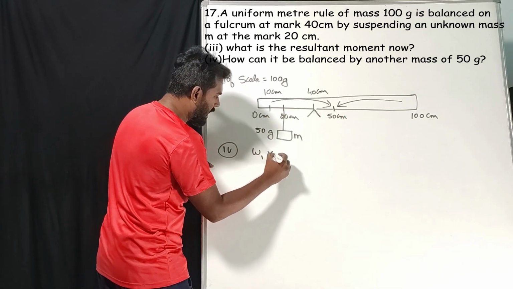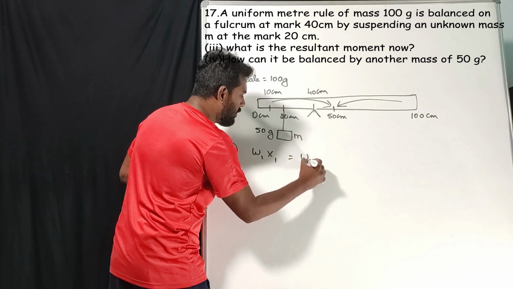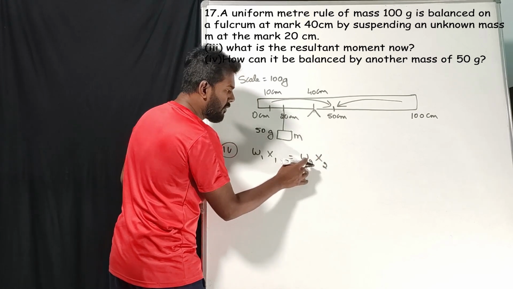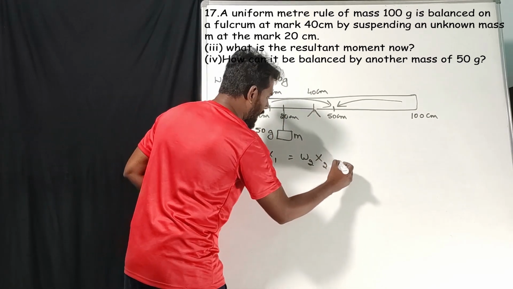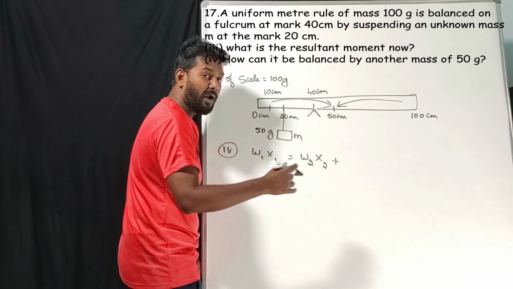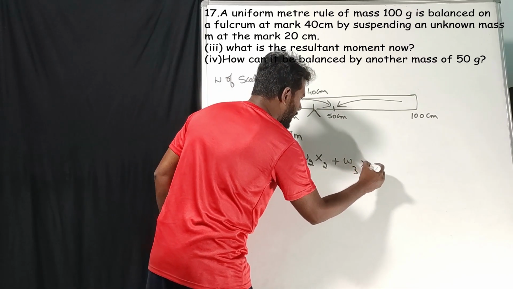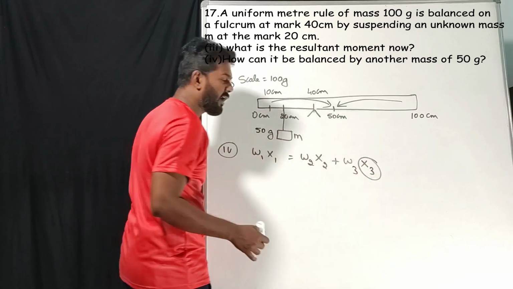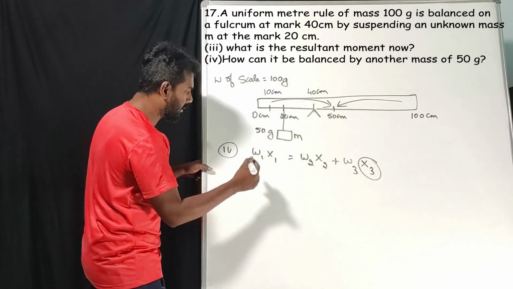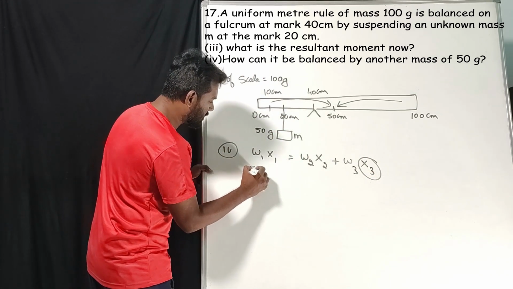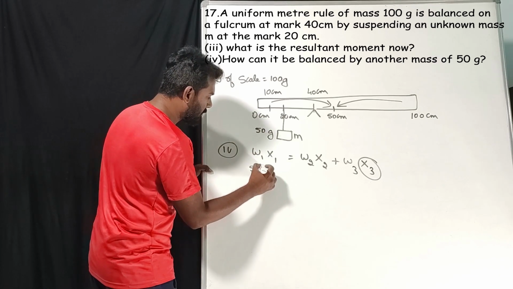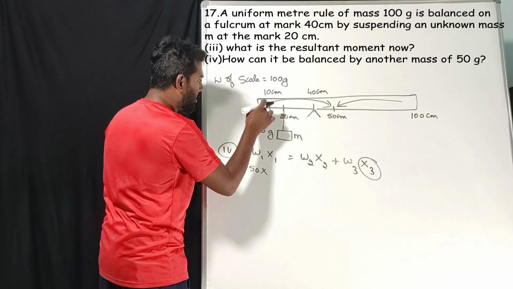Then W1 x1 is equal to W2 x2, this is the weight of the ruler, plus we are going to provide 50 gram force, so W3 into x3. This is what we have to find, where exactly we are going to keep it. W1 we know, that is 50 anti-clockwise, into x1 from 10 centimeter.